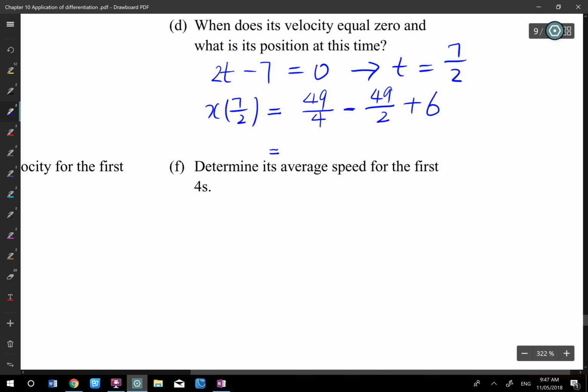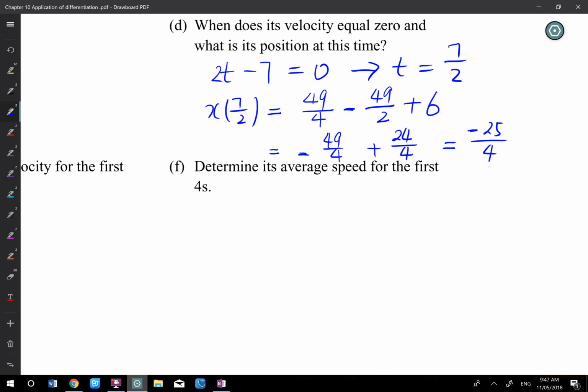And I know that is minus 49 over 4 plus 24 over 4. That gives me minus 25 over 4. That's the position when the velocity equals 0, and that is at t equals 3.5 seconds.